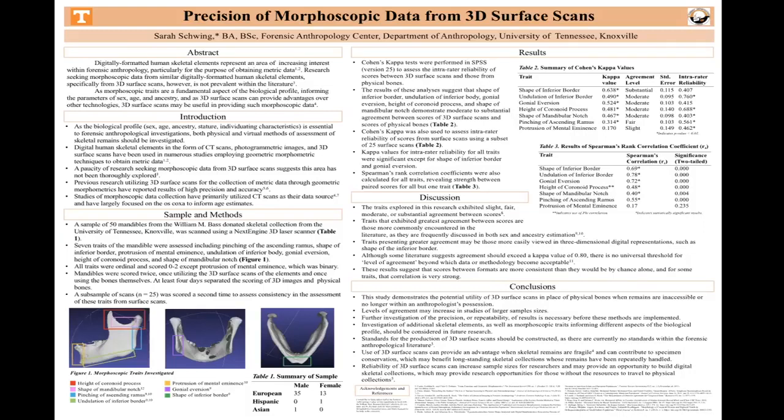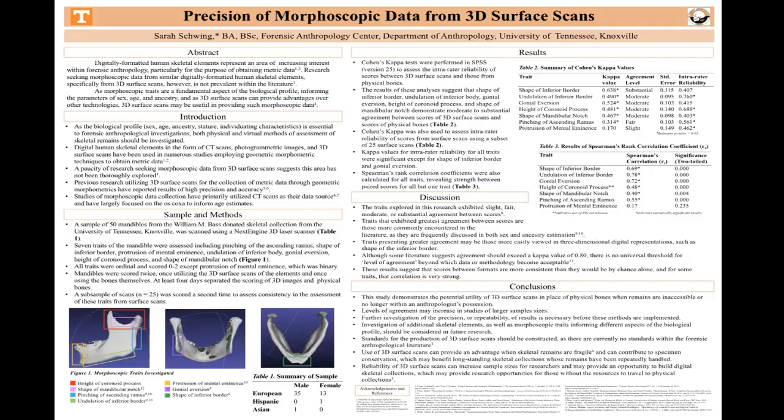Those parameters are sex, age, ancestry, stature, and any individuating characteristics. And when I say individuating characteristics, I mean healed fractures, any sorts of medical interventions, like a hip replacement, what have you, that might help lead to a positive identification of this individual.